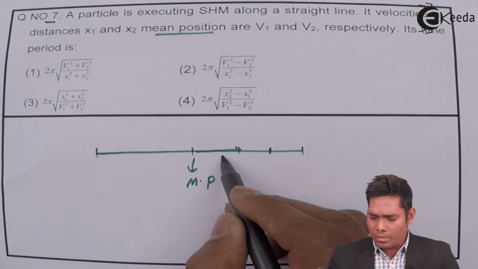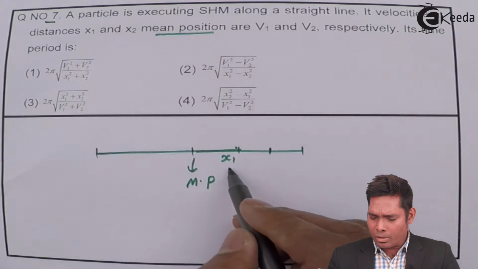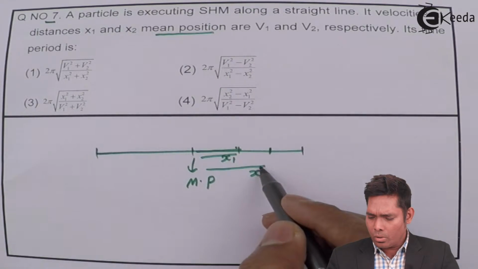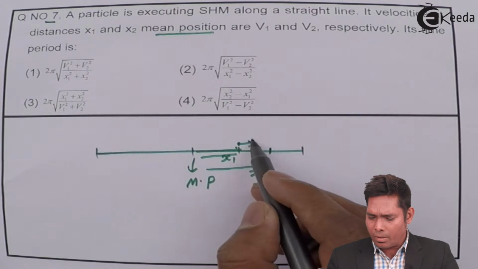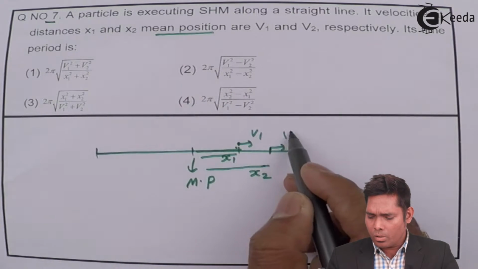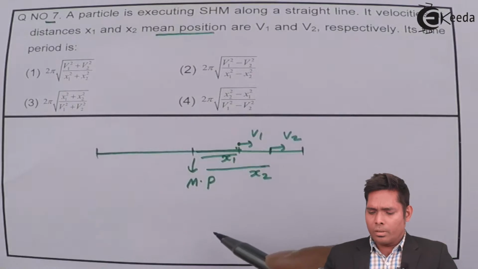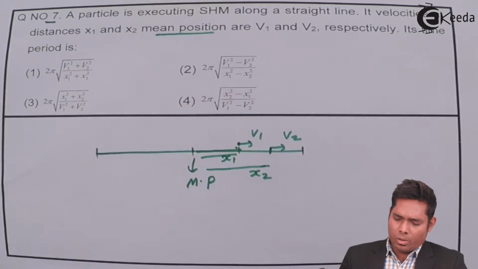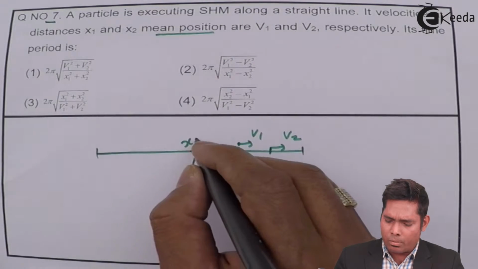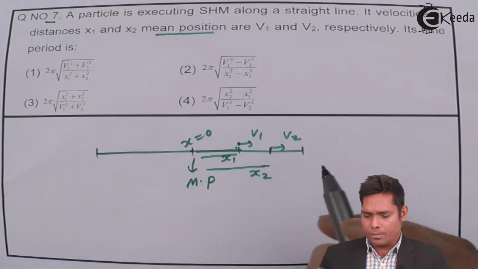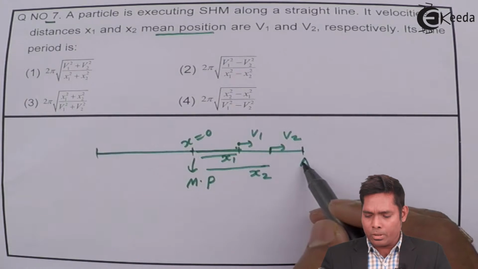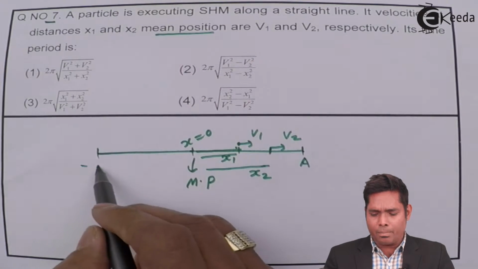The velocity here is v1 and here it is v2. Here the x value will be 0 because that is the mean position. This is the extreme point, its amplitude is a, and this side is minus a.